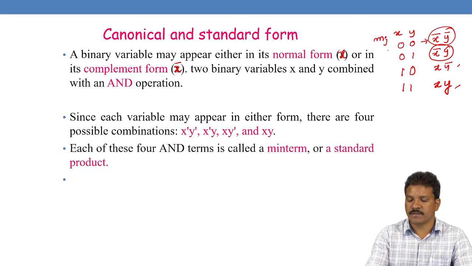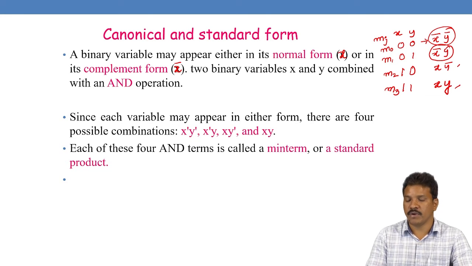When j is 0 we get min term m0, then min term m1, m2, and m3. So when we substitute j equal to 0, 1, 2, 3, you will get four min terms.